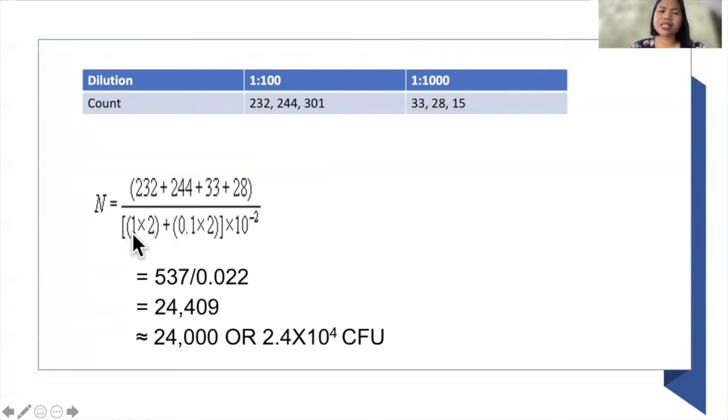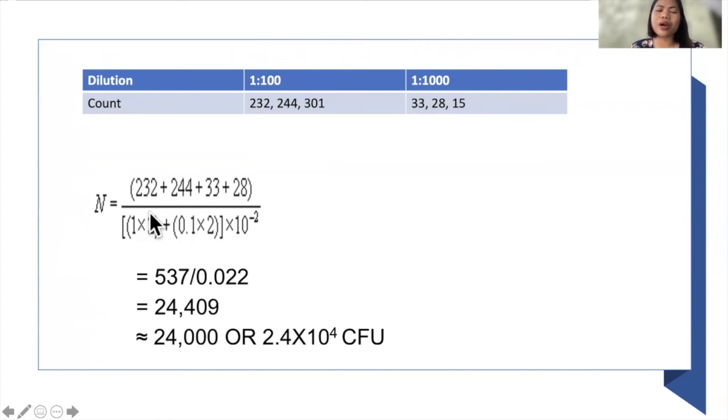And then the 1, 0.1, 0.01 are constant. Kapag madami kang kinakount mga dilution, you will be needing all those numbers, yung 1, 0.1, 0.01. Okay?